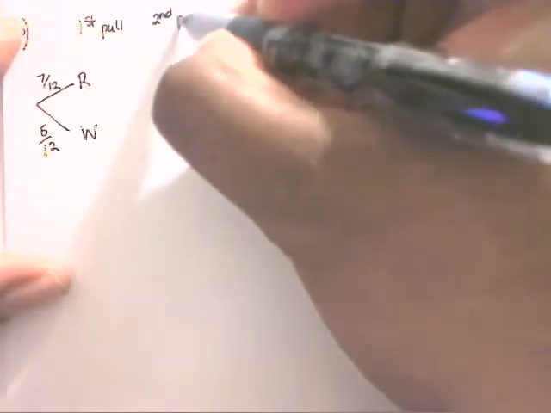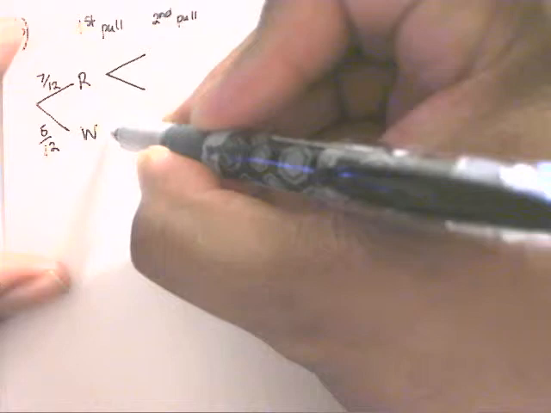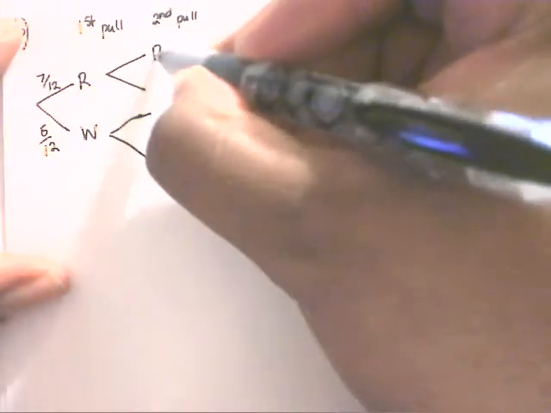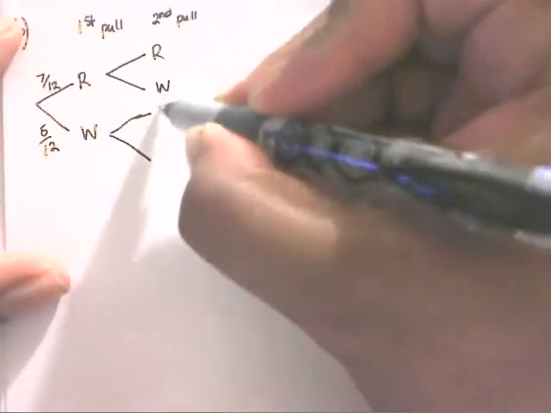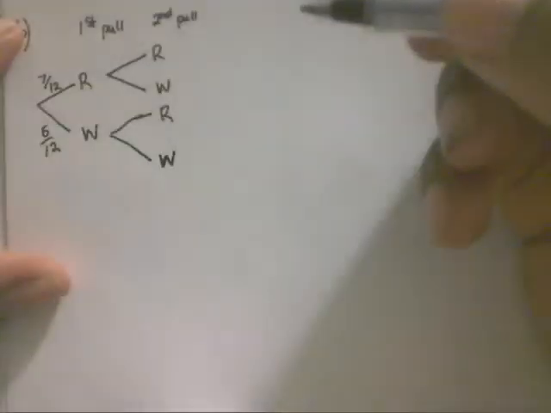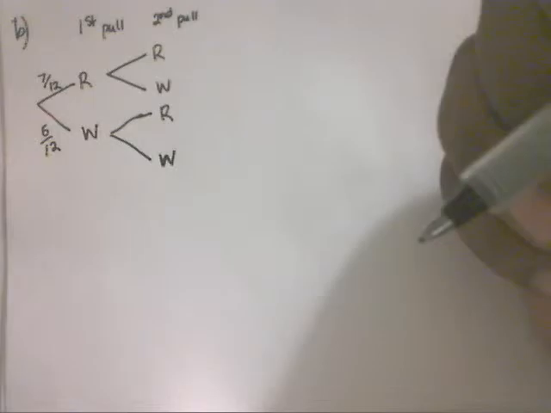Okay, now this is with replacements on the second pull. You're still going to have 12 balls to choose from. So here, red and a white, and for this situation, also red and white. Each one of those will still have the same probabilities as the first pull.